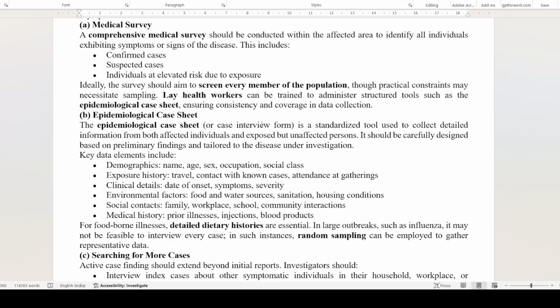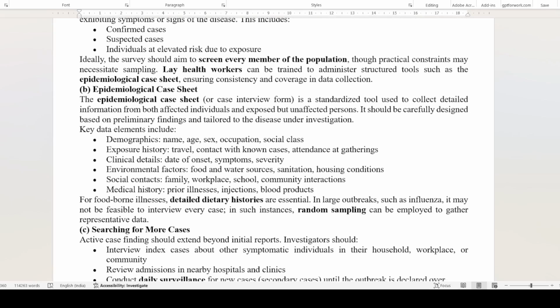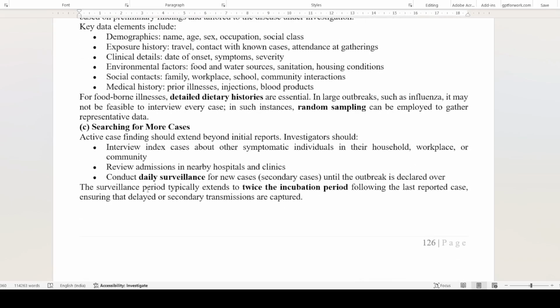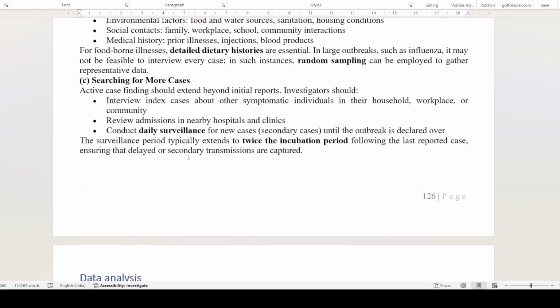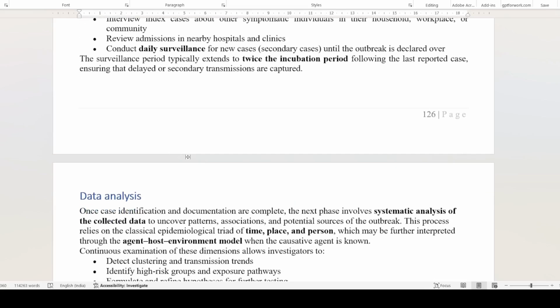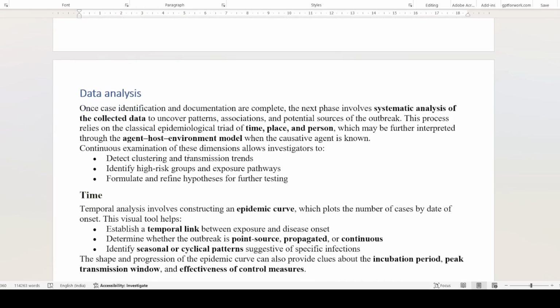Epidemiological case sheets are interview forms where epidemiologists collect data on demography, exposure history, clinical details, and so on. Then more cases are searched for through active case finding, and daily surveillance for new cases is conducted so that we have a clear picture of active cases.